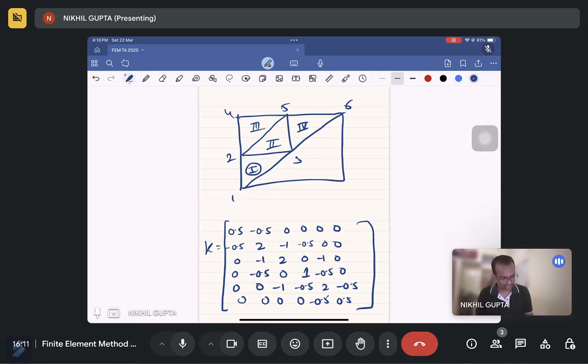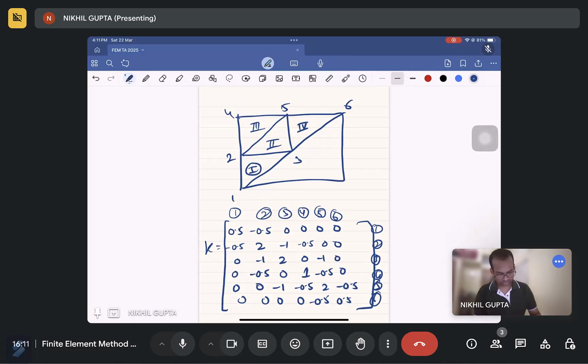Whenever you make a global K matrix, do check that it is symmetric. So all nodes 1 2 3 4 5 6 we have defined, and we can solve it further.